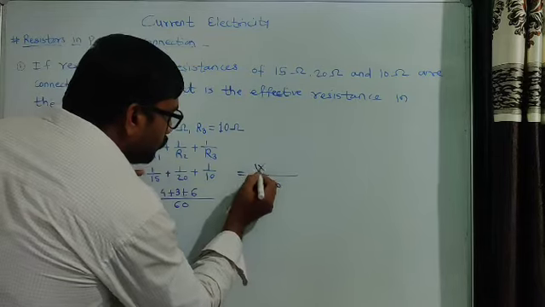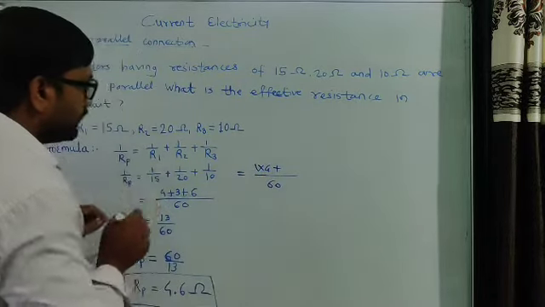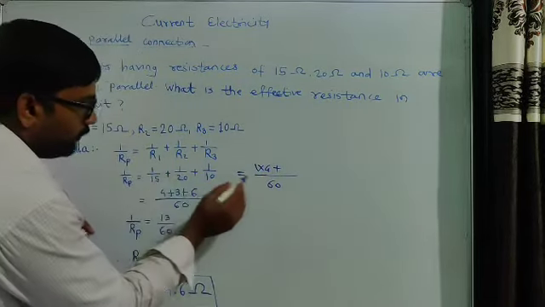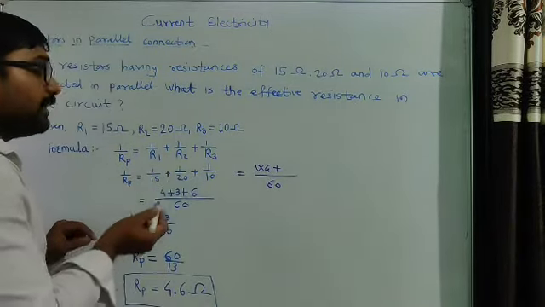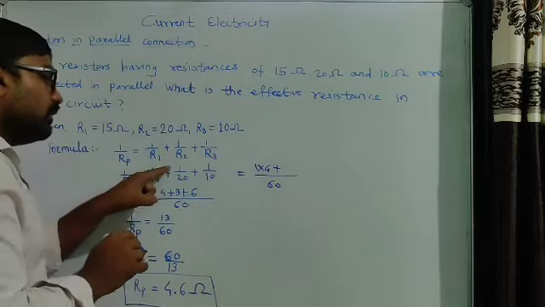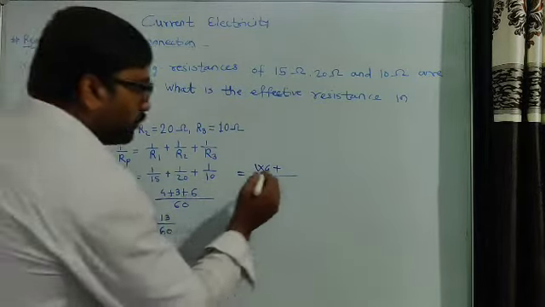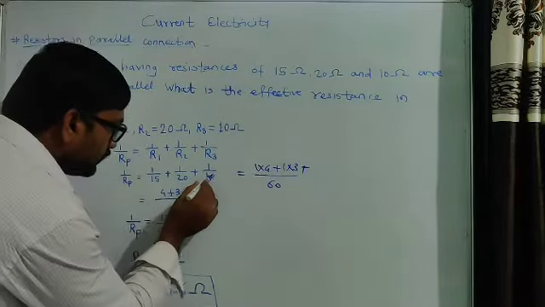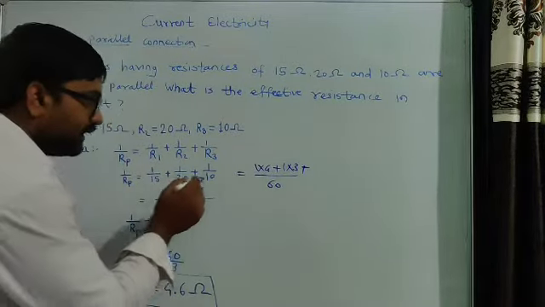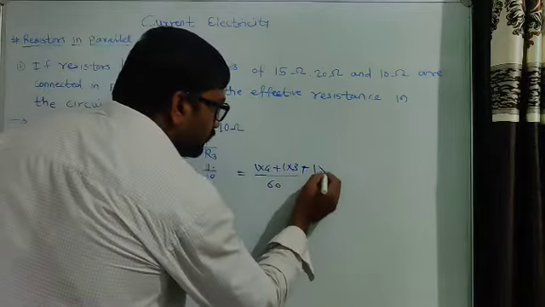So 1 into 4, plus for the second term, to make the denominator 60 from 20 we multiply by 3, so the same number to the numerator, 1 into 3, plus for 10 into 6, 60, so 1 into 6.